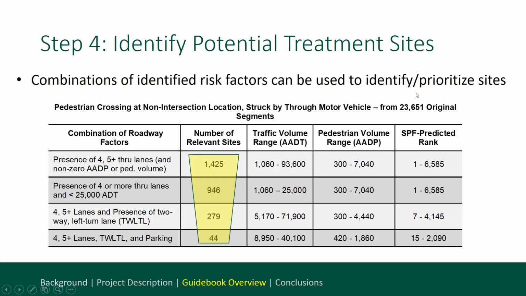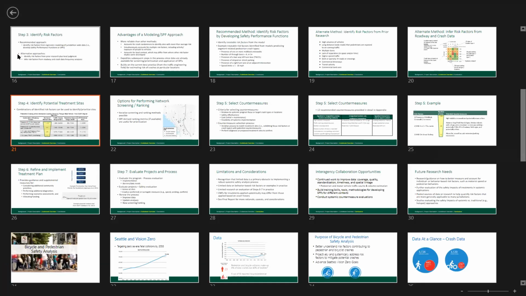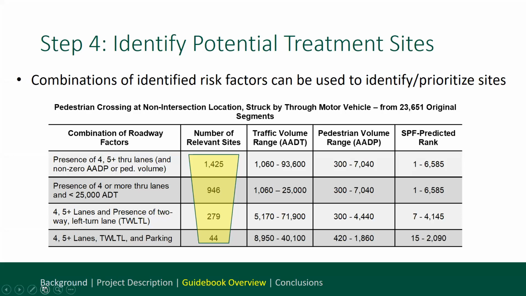So out of your 23,000, let me do the laser pointer. Out of the 23,651 total sites, this type of site is never ranked below 6,585. So it's always in that 25th percentile of ranking for safety improvement, according to your analysis.